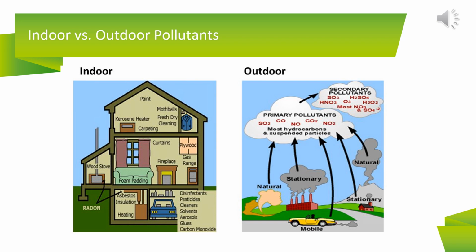There are a large amount of things indoors that will release air pollutants, and one of them is volatile organic compounds, which we will see as things like formaldehyde and other aldehydes that come from new furniture, come from carpeting, and can even come from your clothes if you get them dry cleaned. So while outdoor air pollutants are on a larger scale more damaging to society as a whole, indoor air pollutants are also a big problem because they are concentrated and we are in contact with them much more often than those outside our homes.